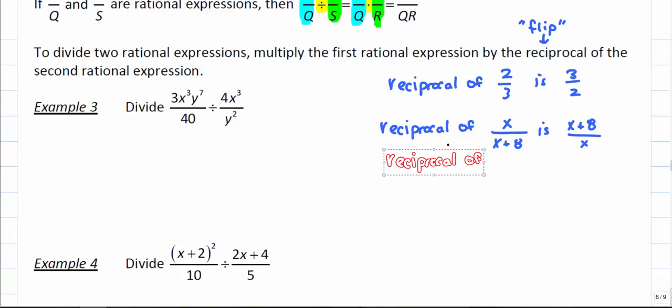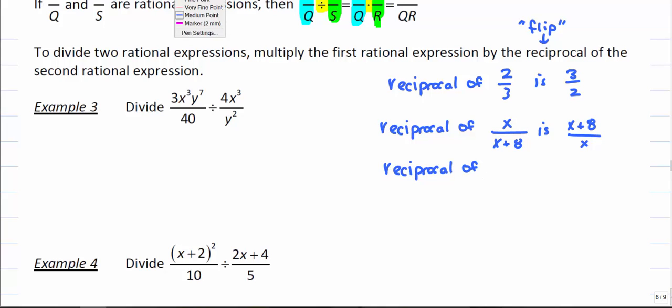What I mean by that is if I wanted to know the reciprocal of negative x minus 7 over x squared plus 2, it would be negative x squared plus 2 over x minus 7. So reciprocal doesn't mean to make anything sign change, it just means to flip.